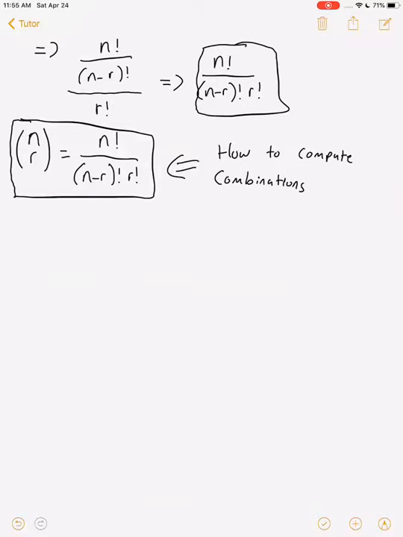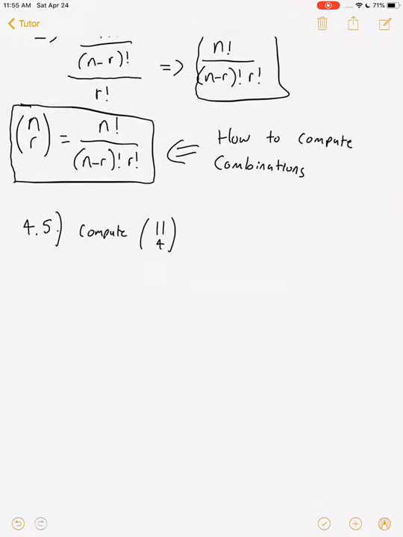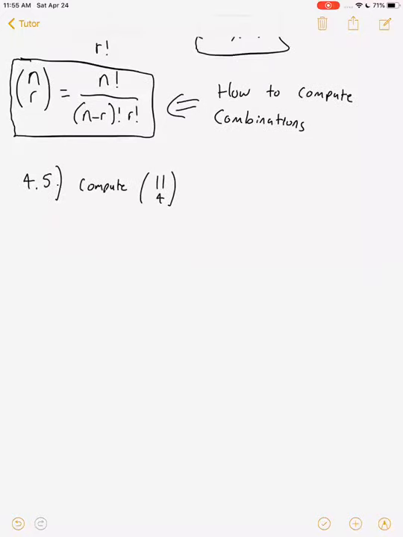Okay, so take a look at the next question, 4.5, and they want us to compute 11 choose 4. Okay, so let's go ahead and plug that into the formula. So can you help me out? How is that going to look when I plug it in the formula?